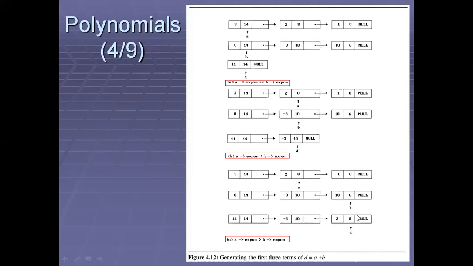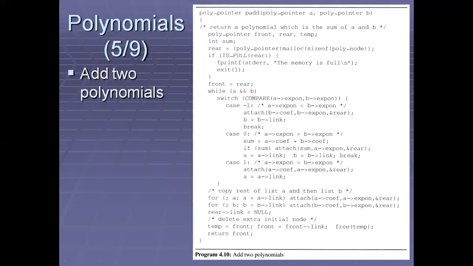So I will obviously move link A to the next node. That's why you can see here in these two parts, -1 and 1, when A of exponent is less than B of exponent, or A of exponent is greater than B of exponent, in both cases only one pointer will be forwarded.